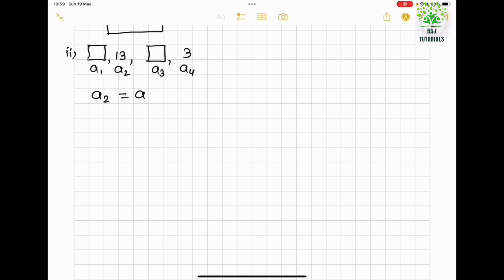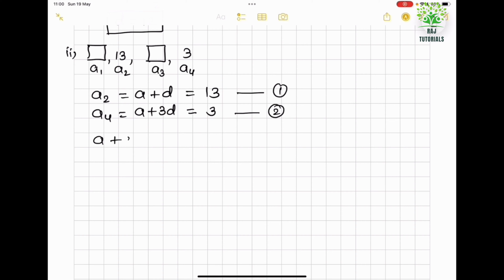A2, that is A plus D, equal to 13. A4, that is A plus 3D, that is 3. So if I take these 1 and 2 equations and solve them by the elimination method, can I say A plus D equal to 13 and A plus 3D equal to 3.